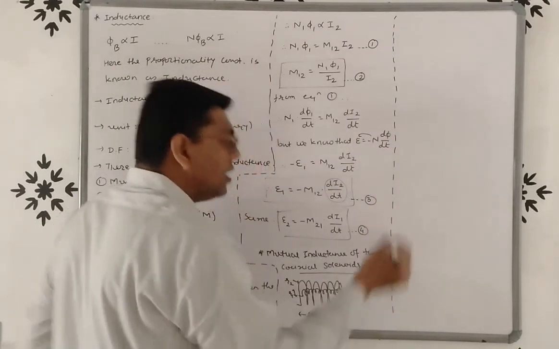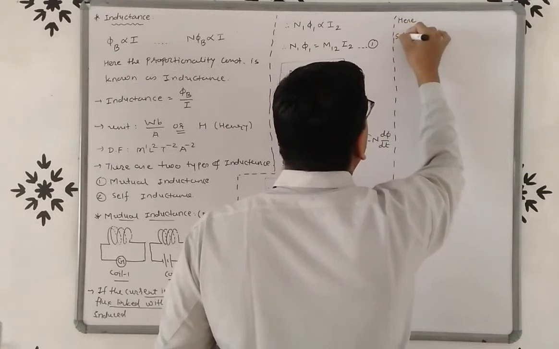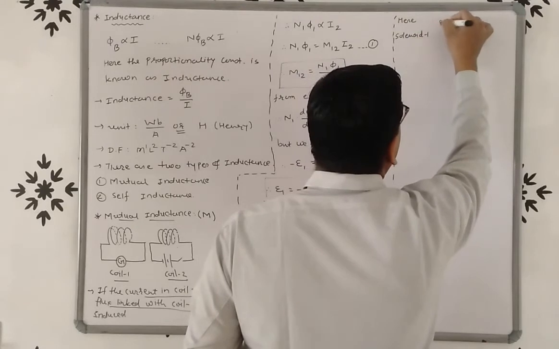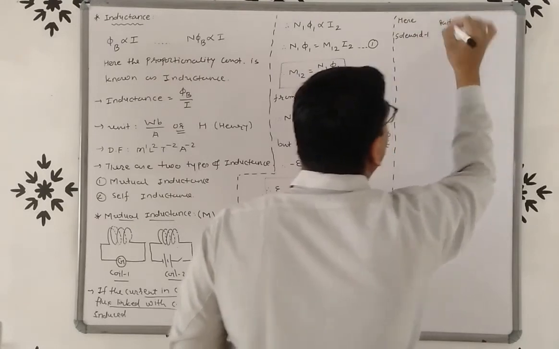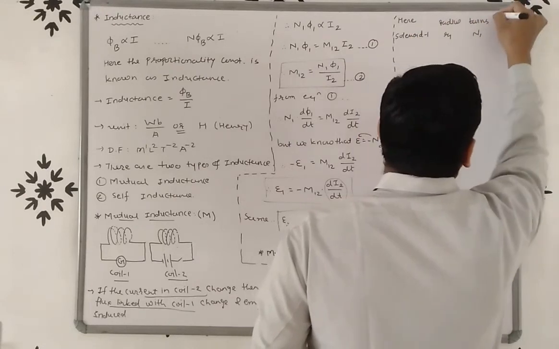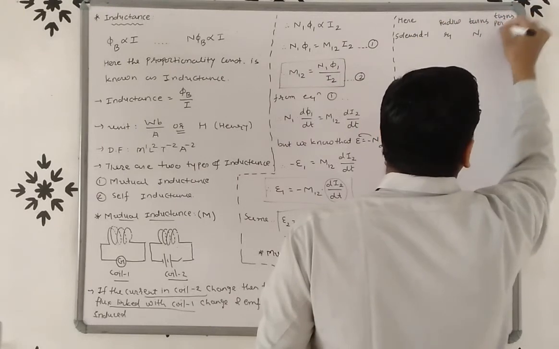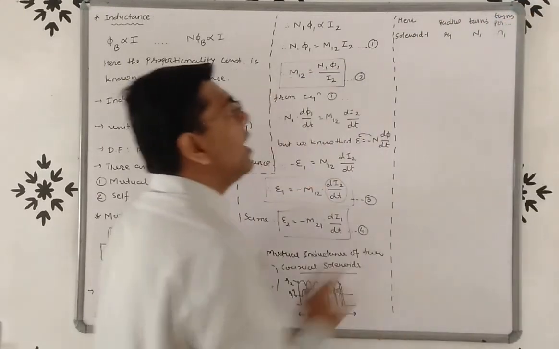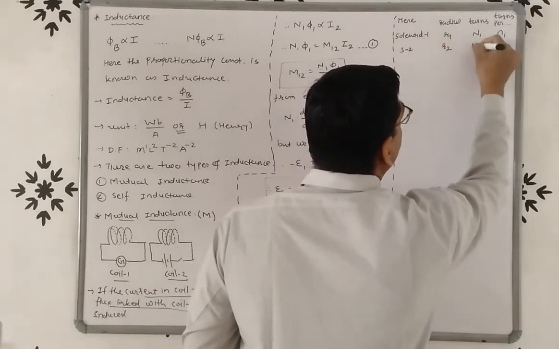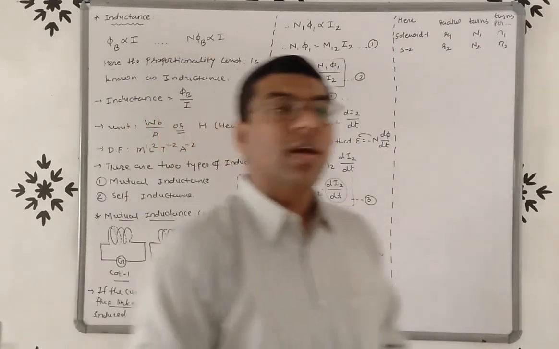So solenoid 1 has radius R1, number of turns N1, and turns per unit length small n1, and solenoid 2 has radius R2, number of turns N2, and turns per unit length small n2.